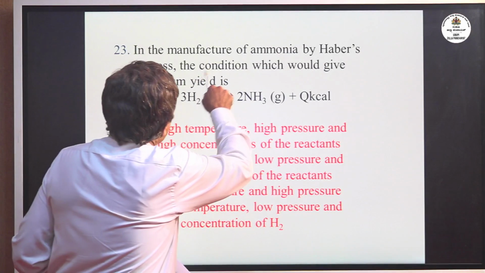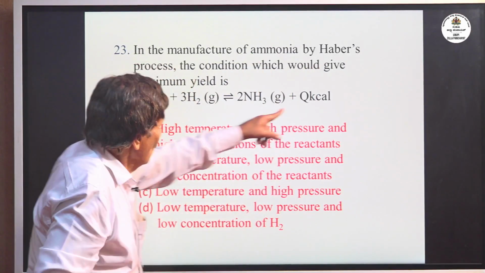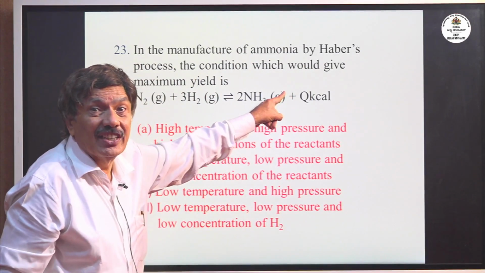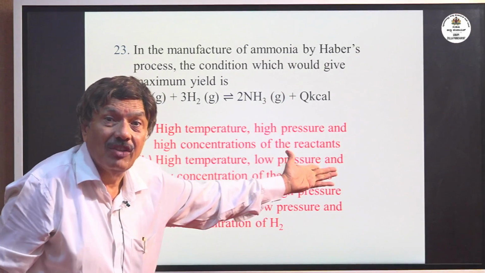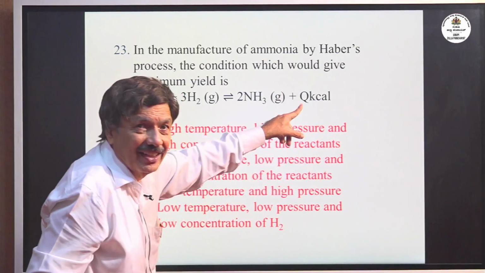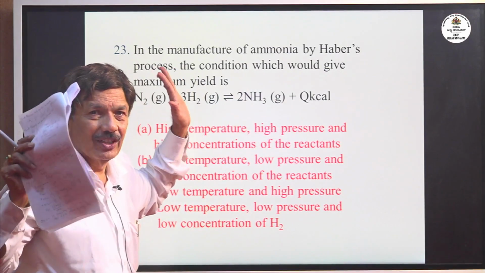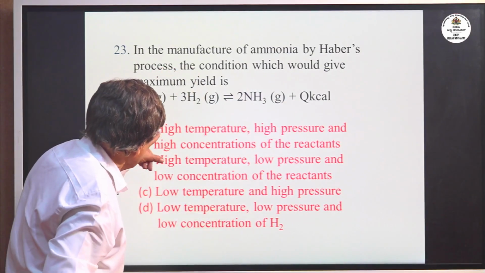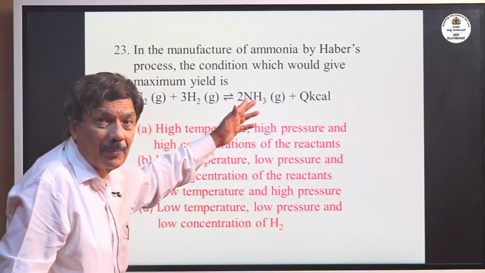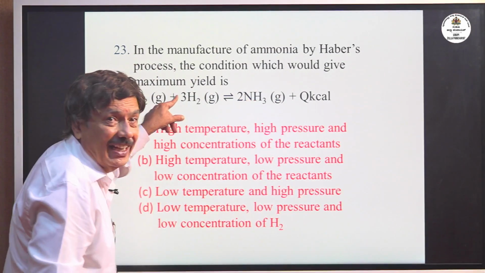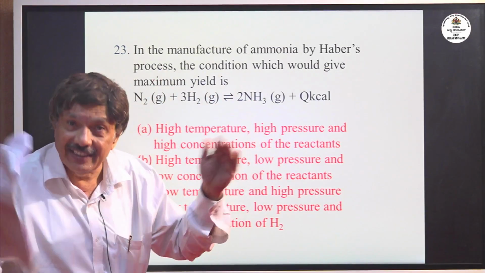Now, next one. In the manufacture of ammonia by the Haber process, see here. Heat is a product, which means exothermic. Delta H will be negative. So it is favored by low temperature, and high temperature is ruled out. The forward reaction is accompanied by 1 plus 3, 4 moles becoming 2 moles, a decrease in the number of moles.